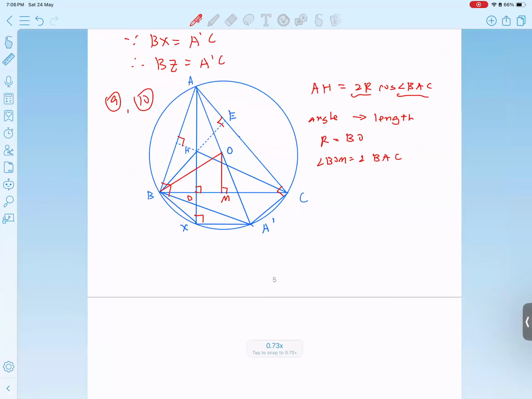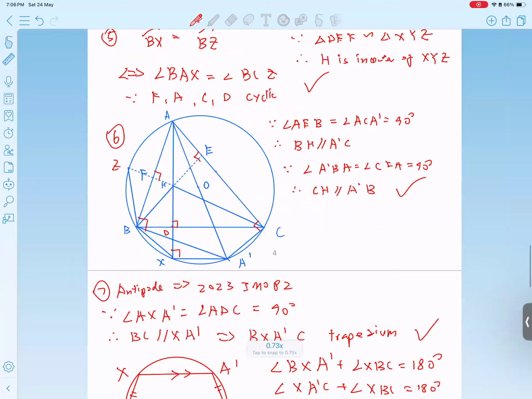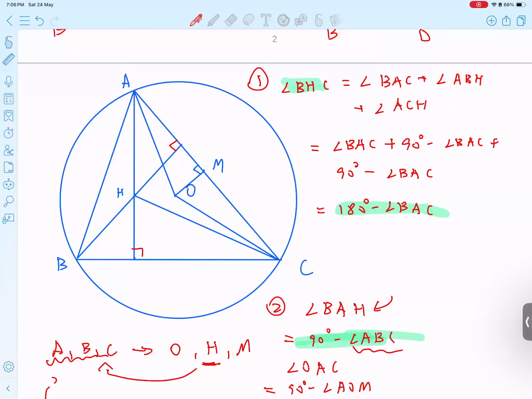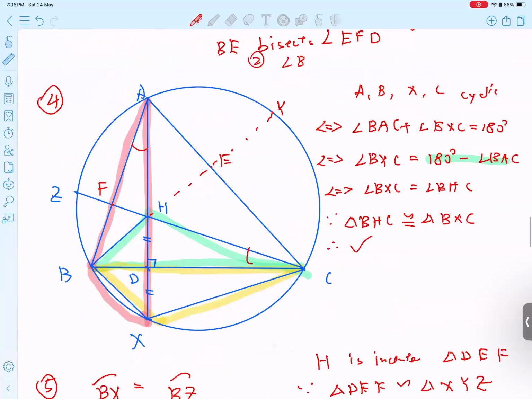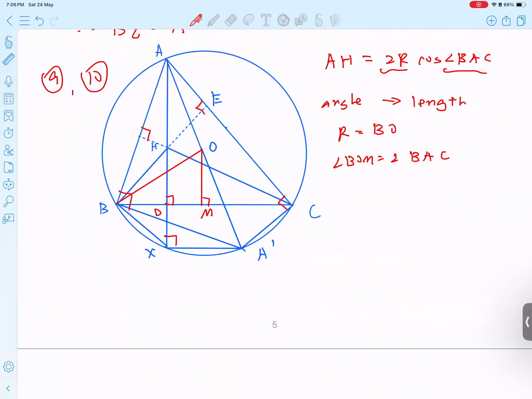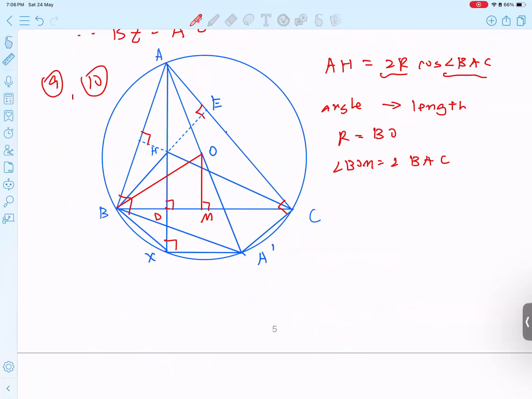So again, this is where the lemma about the center of the circle comes in. So angle BOM is equal to angle BAC.